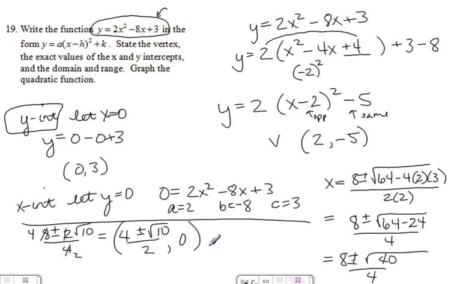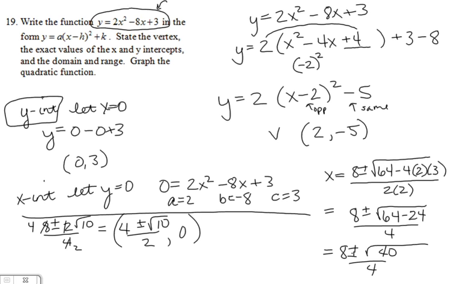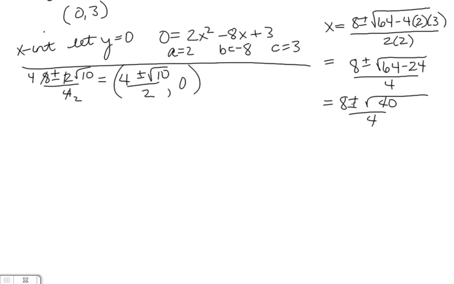And then what we've got left to do is now draw it. Let's draw that. So that's going to give me a vertex of 2, negative 5.